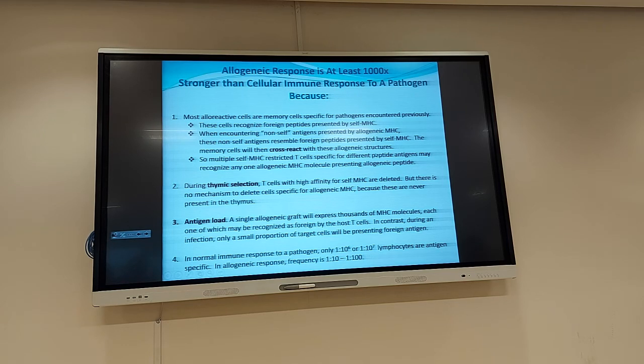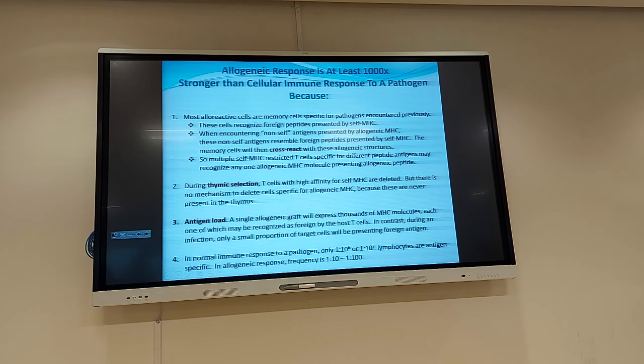And so just by chance, the specificity of their T cell receptors are cross-reacting with this foreign MHC self-peptides expressed on these antigens. So antigen load and also the quality of these foreign antigens as brought in by this transplant makes this a much more robust or more severe type of reaction compared to a natural infection.